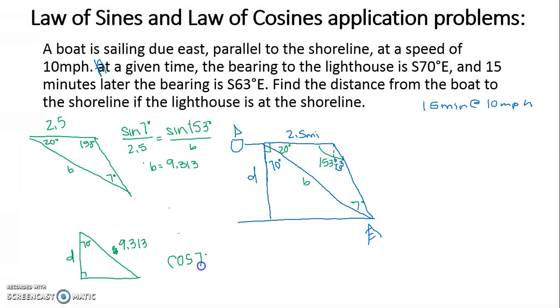So cosine of 70 degrees equals D over 9.313. I got that D was 3.185, or let's just say roughly 3.2 miles. So the boat is about 3.2 miles from the shore.